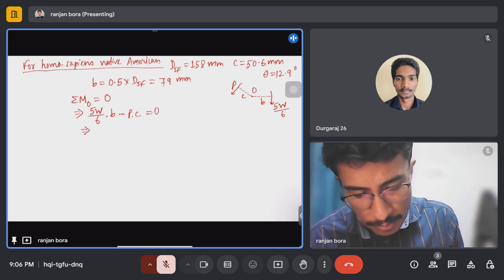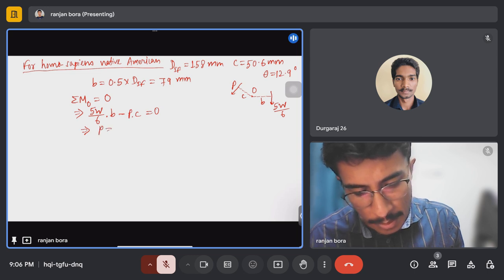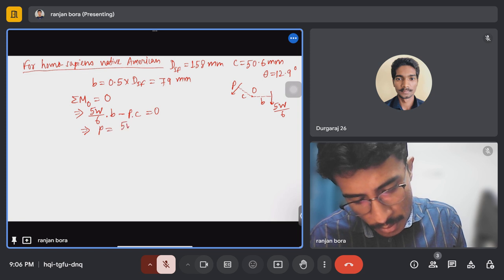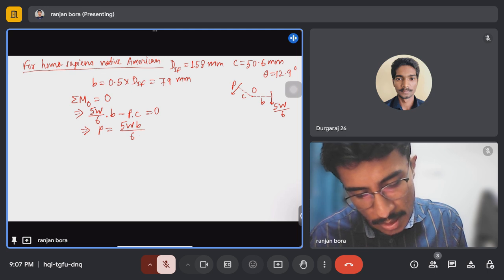From this equation, P will be 5WB by 6C.